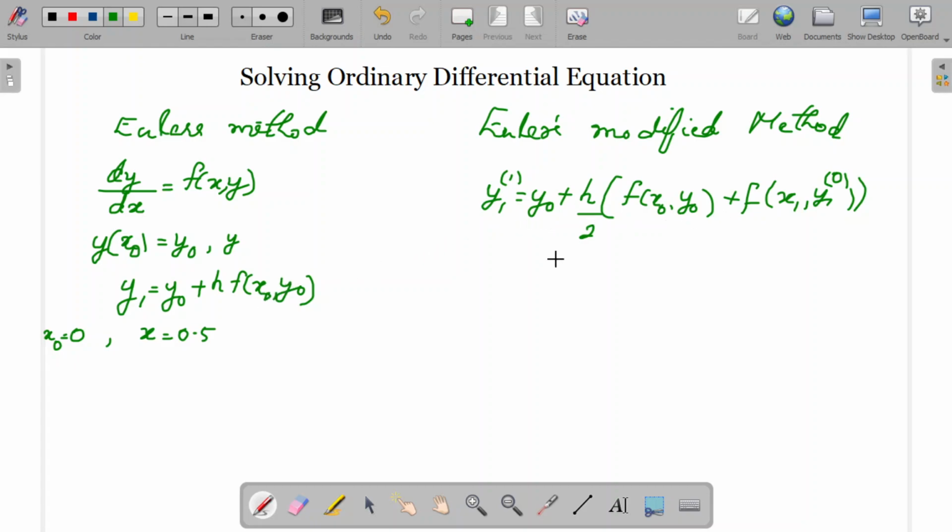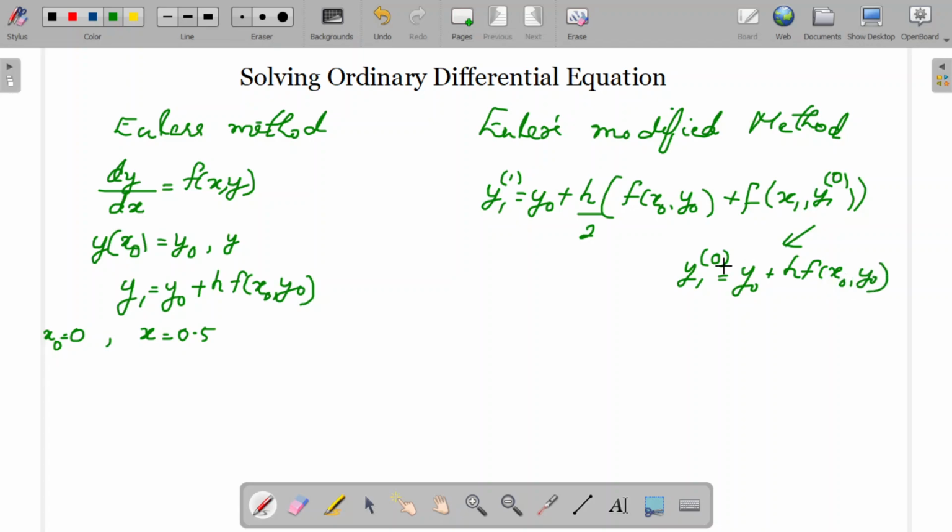So I said that this is the zeroth approximation. And how do you make the zeroth approximation? It is made by Euler's method itself, because the zeroth approximation y1 superscript 0 can be written as y0 plus h into f of x0, y0.